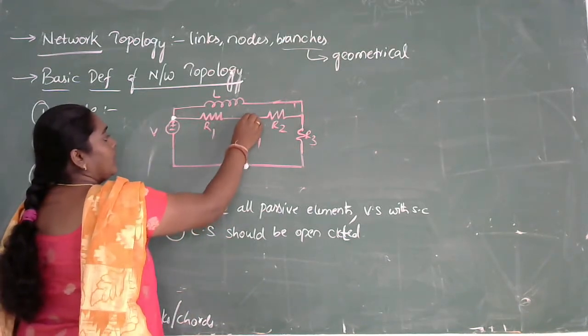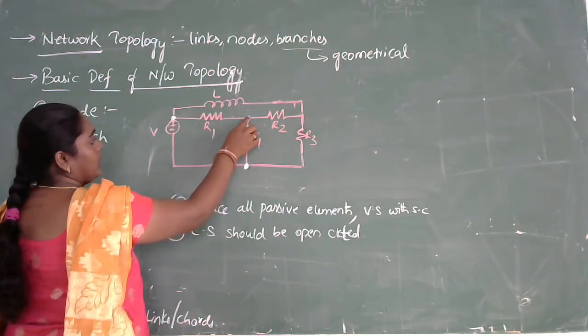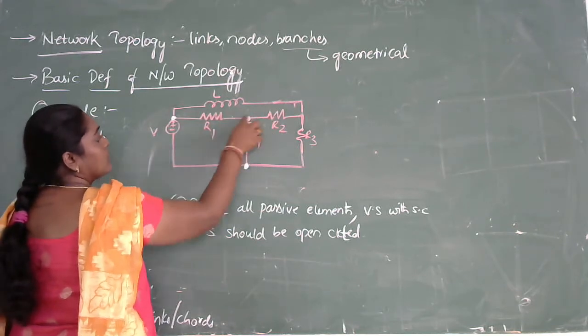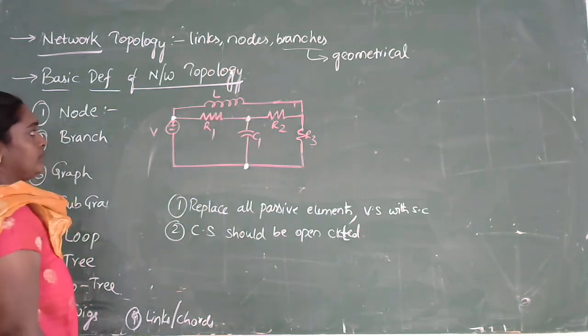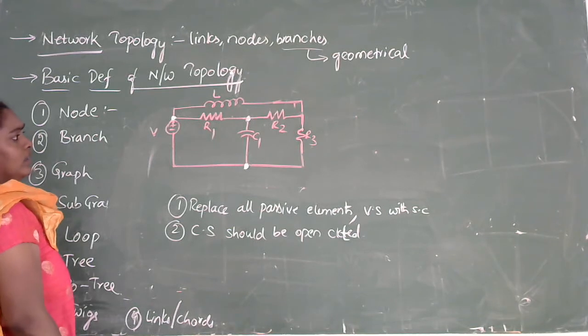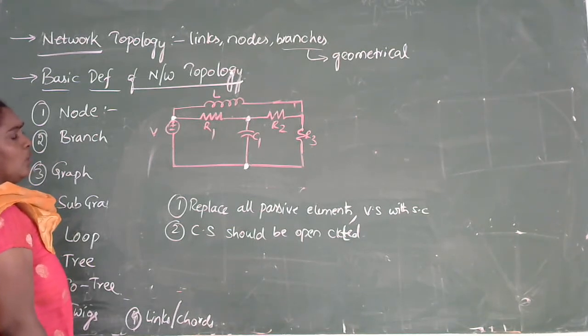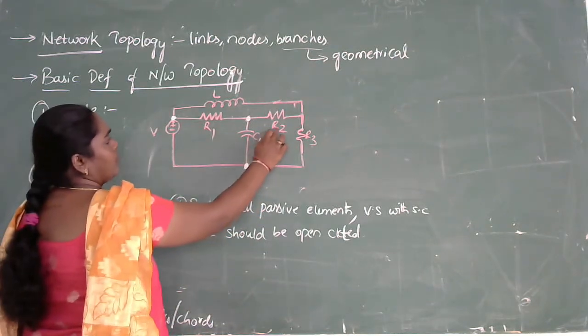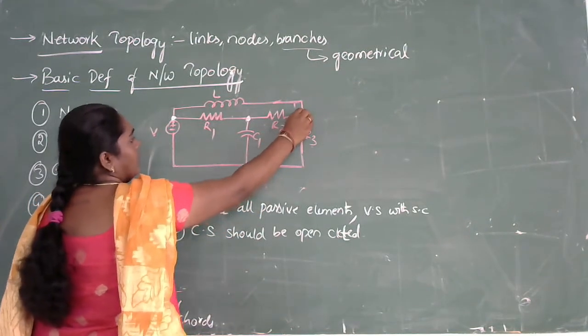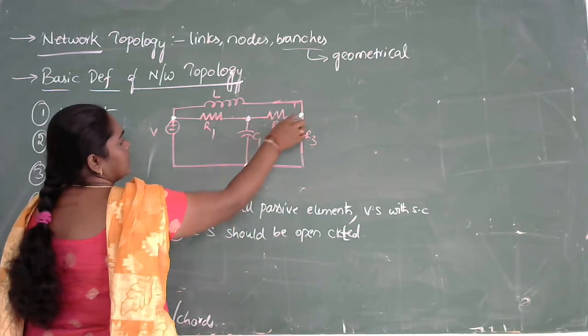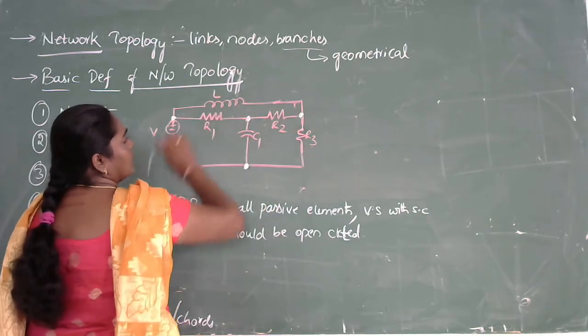Similarly, this is the other node because at this point it is connected to two resistors followed by a capacitor. And here there is one more node, in which it consists of a resistor, so at this point it is connected to a resistor as well as an inductor.